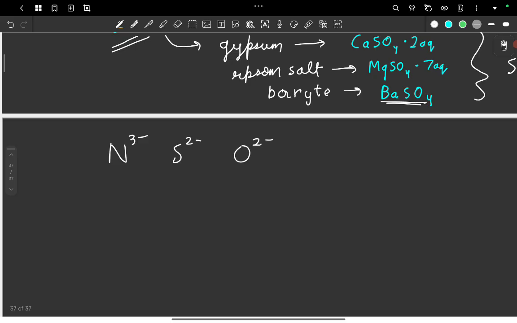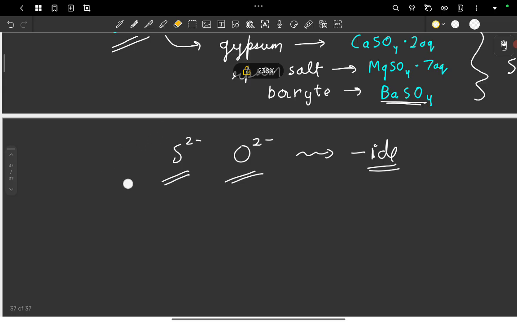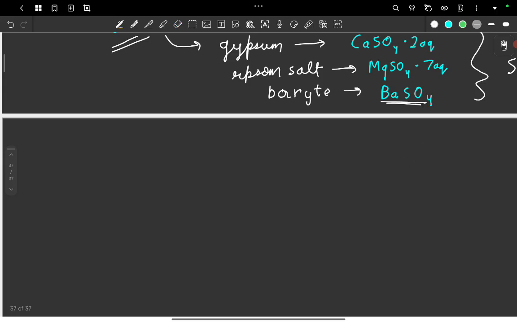You can just remember this as the base atom with their negative group valency on it. This is the meaning of the suffix "ide". Like this is nitride, sulfide, this is oxide, and there are also others like carbide, fluoride, and so on.